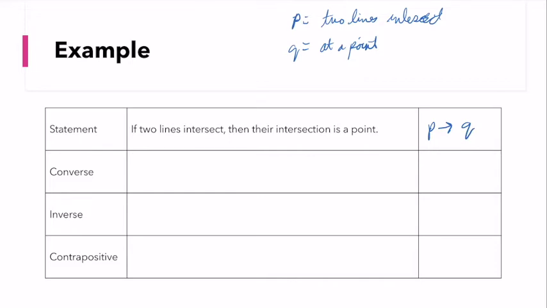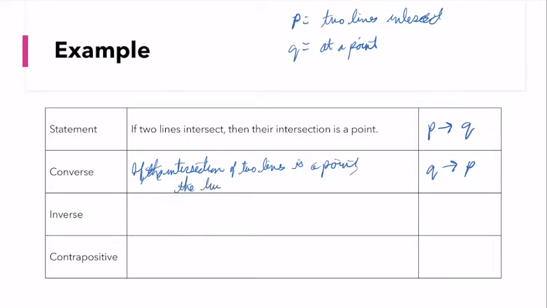The converse of that would be Q implies P. So if the intersection, changing the wording to make it sound better in English, so if the intersection of two lines is a point, the two lines intersect.